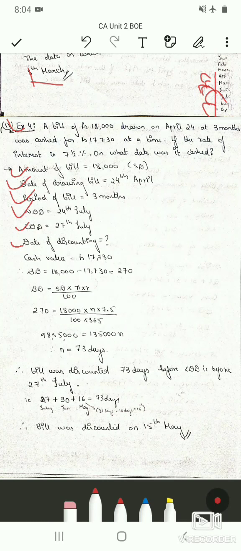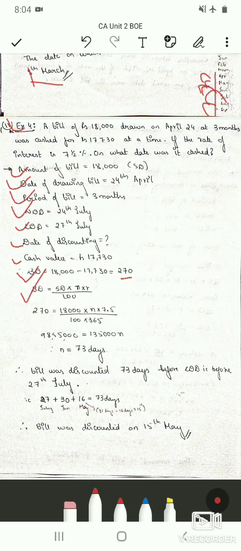We don't know the date of discounting, but they have given the cash value, which is 17,730. So we can calculate banker's discount, which is sum due minus cash value. So we got banker's discount as 270. So in the formula of banker's discount, substitute the given terms.